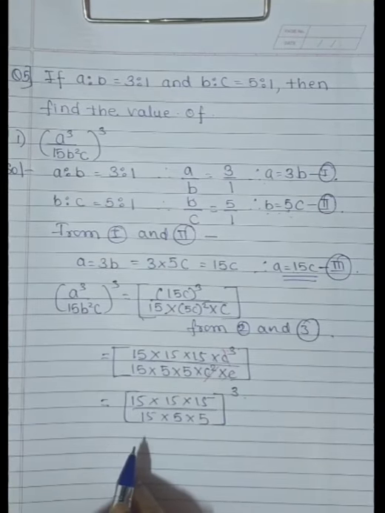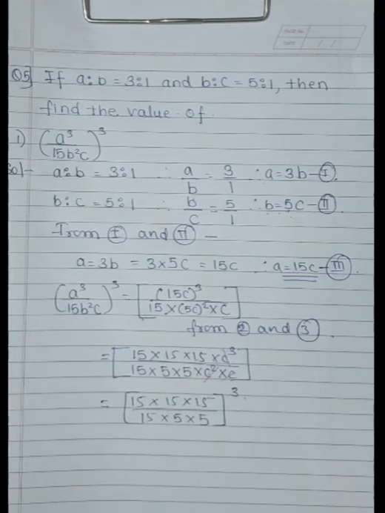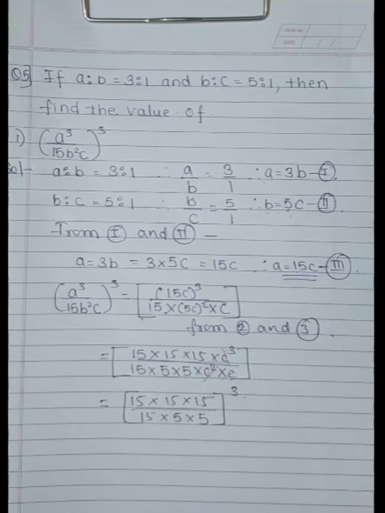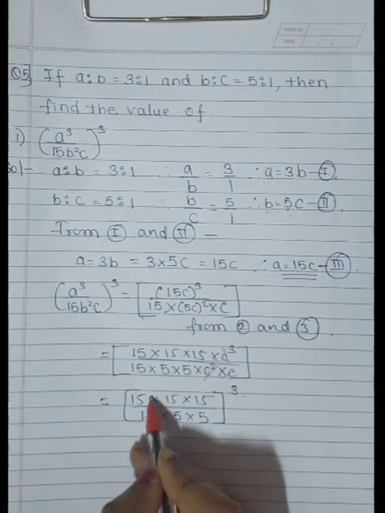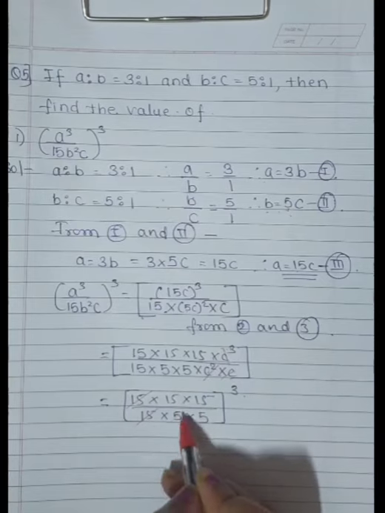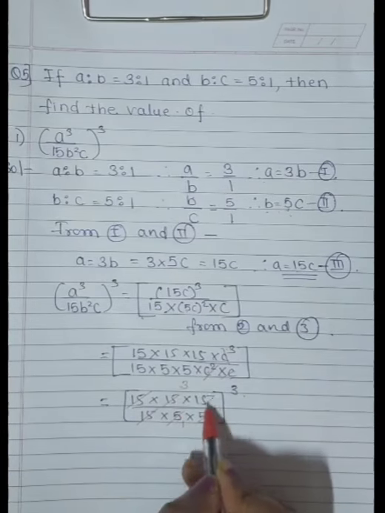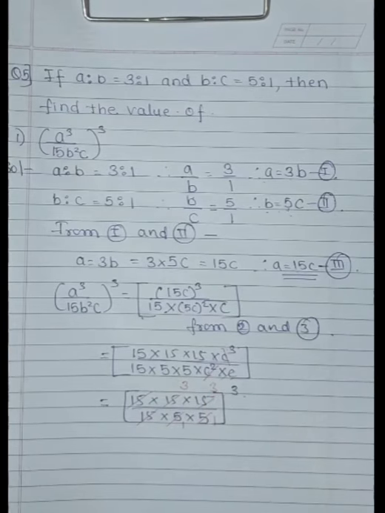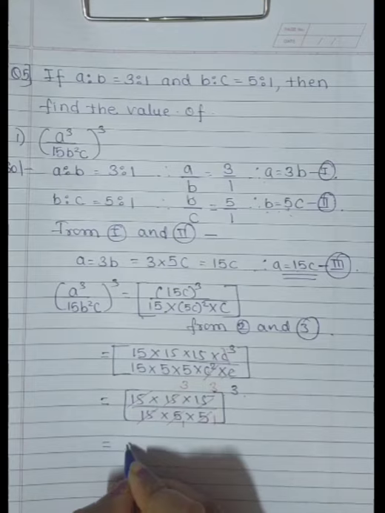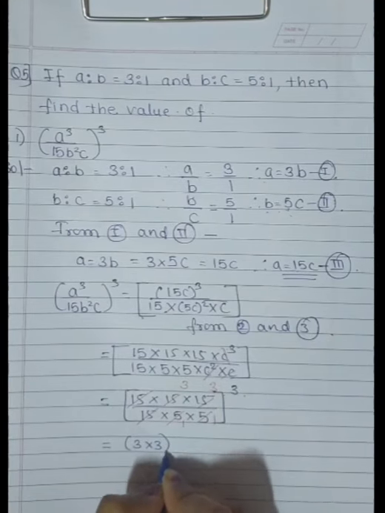Okay. Now here, as you can see, we can cancel. Here we will directly divide this. Let it get cancelled. Here 5 ones are 5, 3 ones are 3. Now we got the answer, that is 3 multiplied by 3 cube.